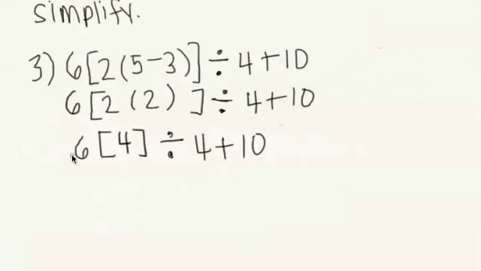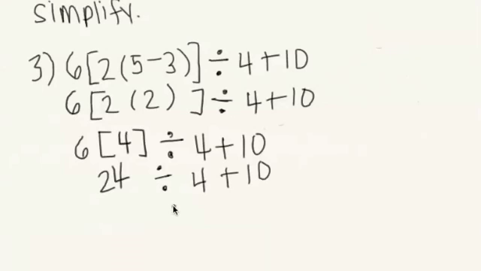Okay, so going from left to right, we have a 6 times 4 that we encounter first. So let's go ahead and finish that off. Going again from left to right, I see a 24 divided by 4, and that's going to take precedence over working on this 4 plus 10 because the division is higher ranked.